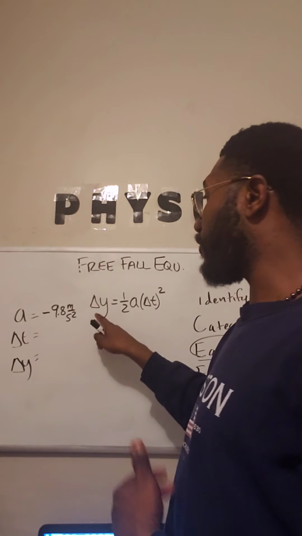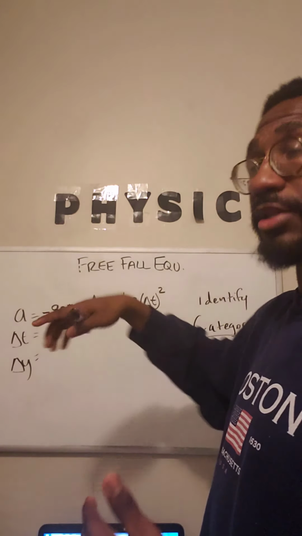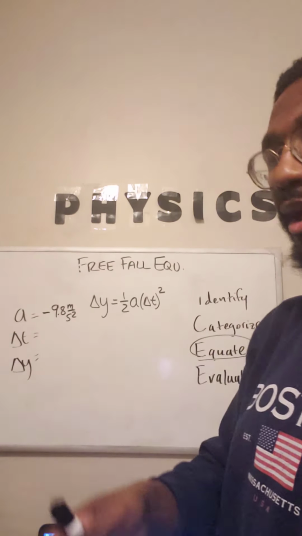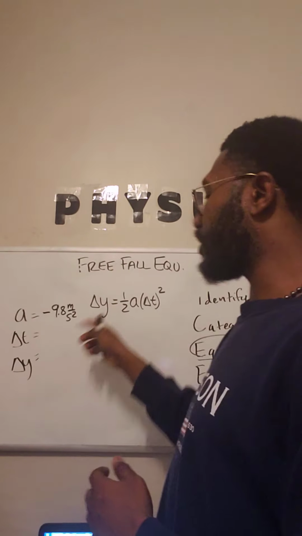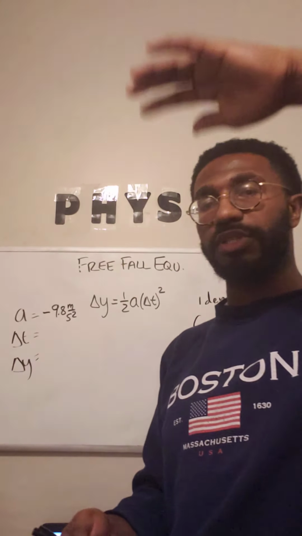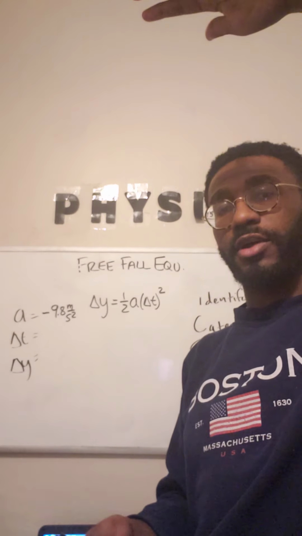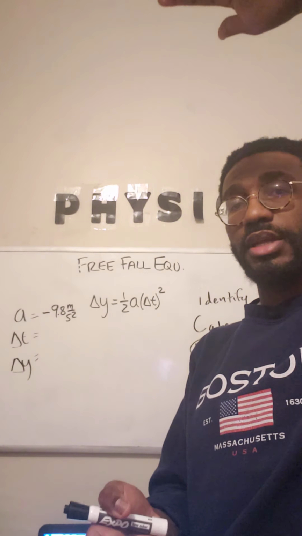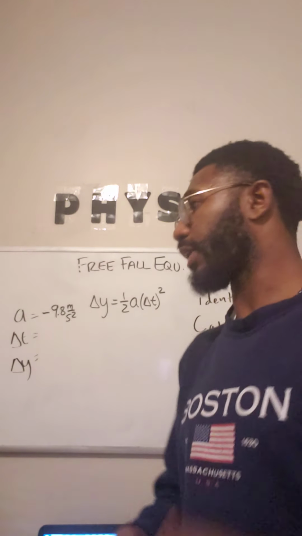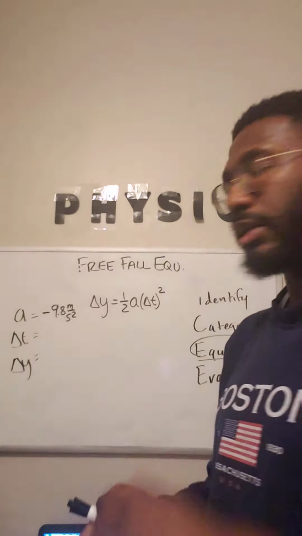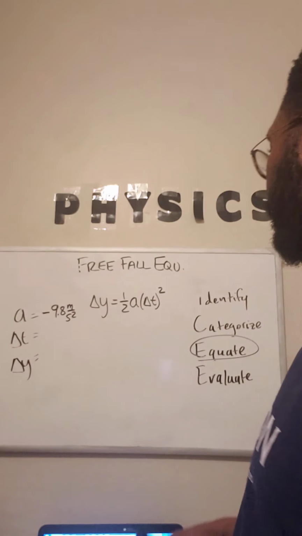That's why we're going to have y in a free fall equation, because the object's falling down. So again, delta y is just the change in position, not where it started falling from or where it hit the ground. It is how far did it fall? That total distance, and the direction it went.